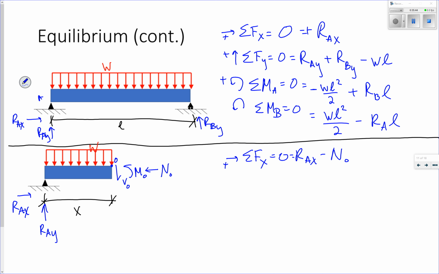And of course I solved earlier and found that RAX is 0, so the axial force is 0 as well. But this is just an example. If I solve the forces in the y direction with up being positive, I have RAY acting up, I have my shear acting down, and I have W times X, not L, the distributed load along the length X, both acting down.